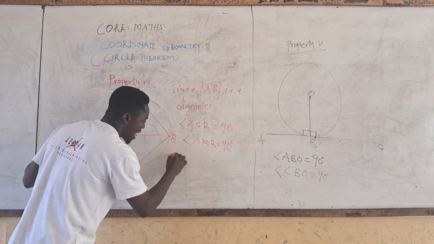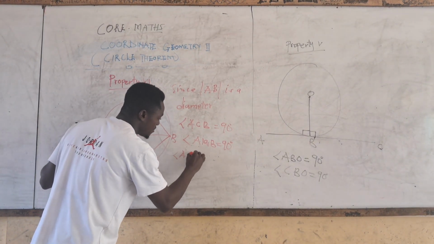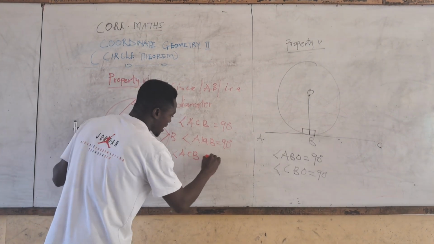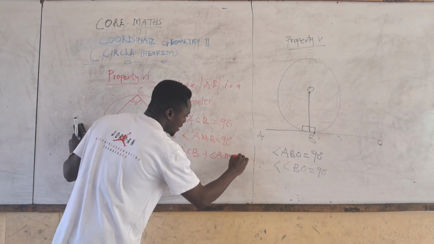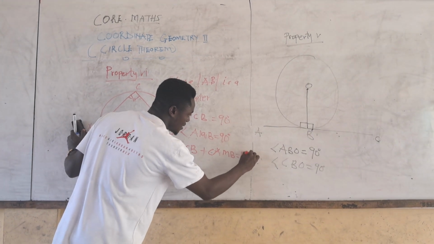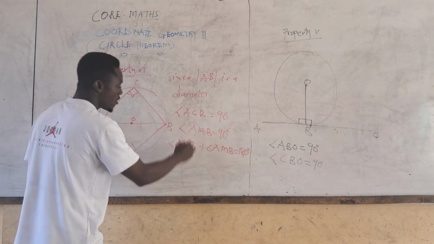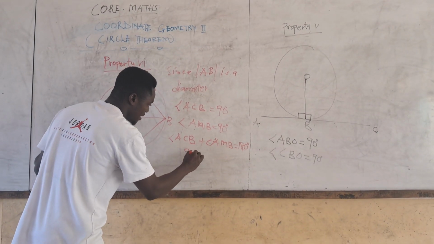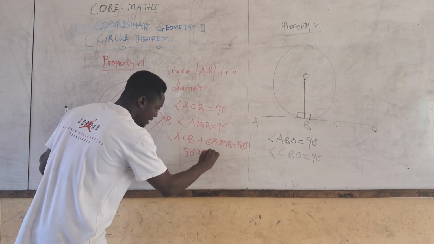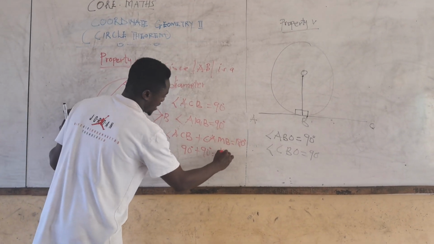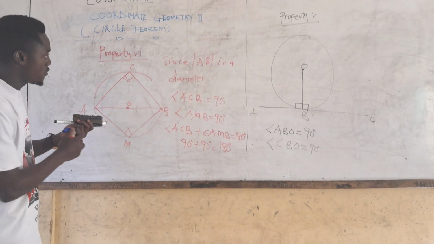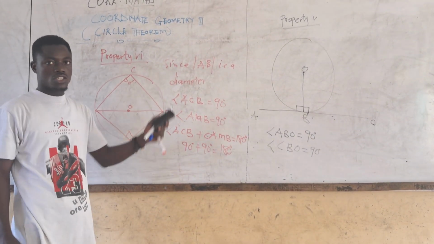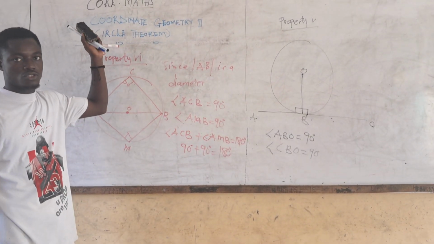So angle ACB plus angle AMB equals 180 degrees. Therefore, it is 90 degrees plus 90 degrees, which is 180 degrees. So this property also supports property 2.